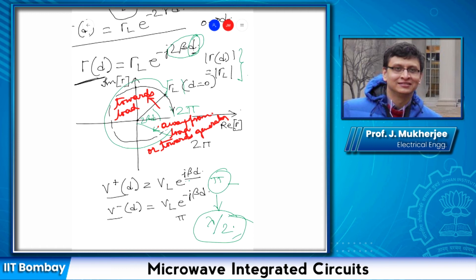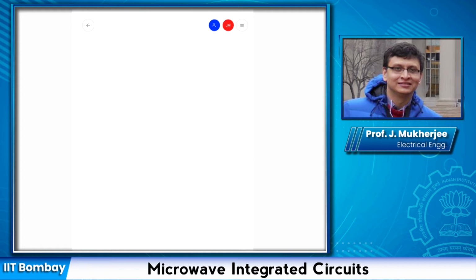So the next important, as I said, we'll discuss now about power dissipated. So recall that the power dissipated along a transmission line, so gamma L is the reflection coefficient at the load end.